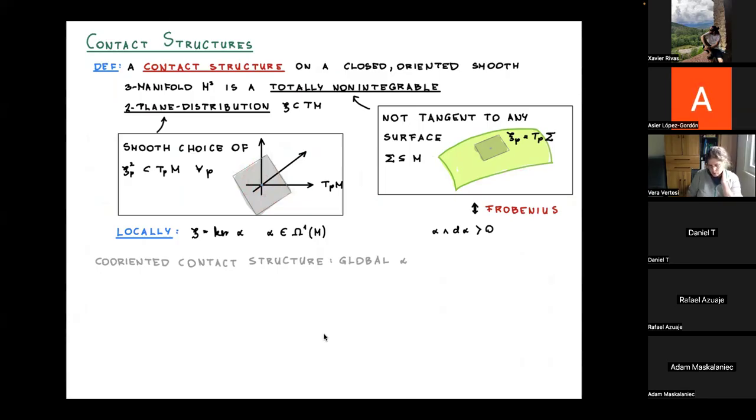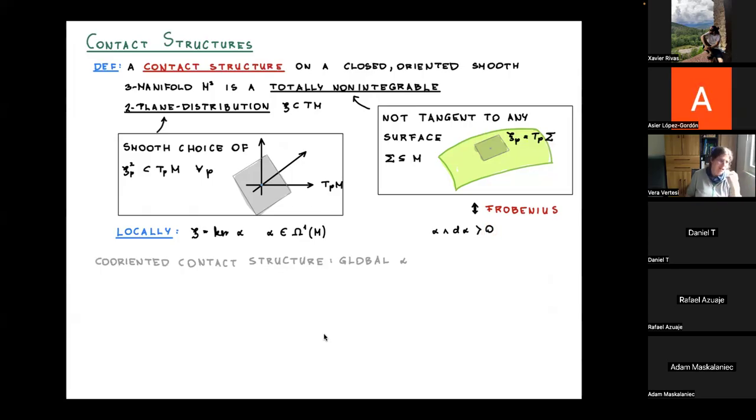Being a two-plane distribution means that locally you can give the contact structure as the kernel of a one-form, and then non-integrability can be phrased locally as alpha wedge d alpha being a positive multiple of a volume form.